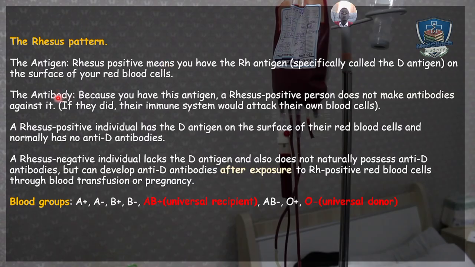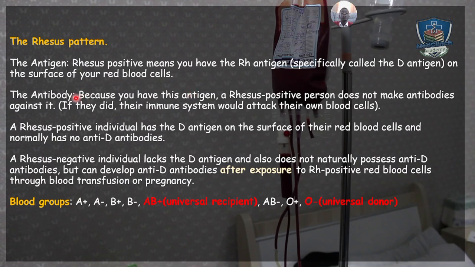Now, when it comes to antibodies, those who have the rhesus antigen will not make any antibodies against it because they have the antigen. The only group that makes the antibody are those who are rhesus negative, because when the rhesus negative receive positive blood, their body will make antibodies against that antigen.